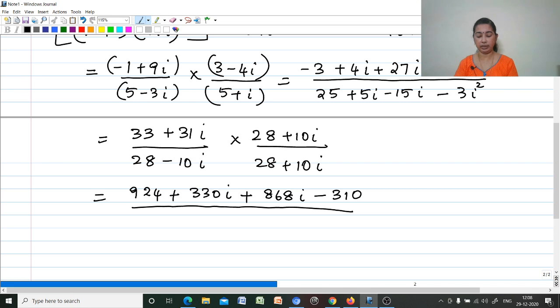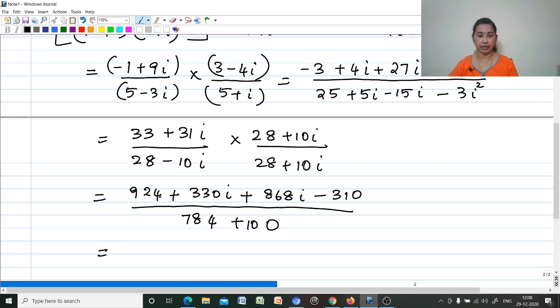So what is that? 28 square minus 10i square. What will we get as the answer? 28 square is 784, then minus 10i square is plus 100.